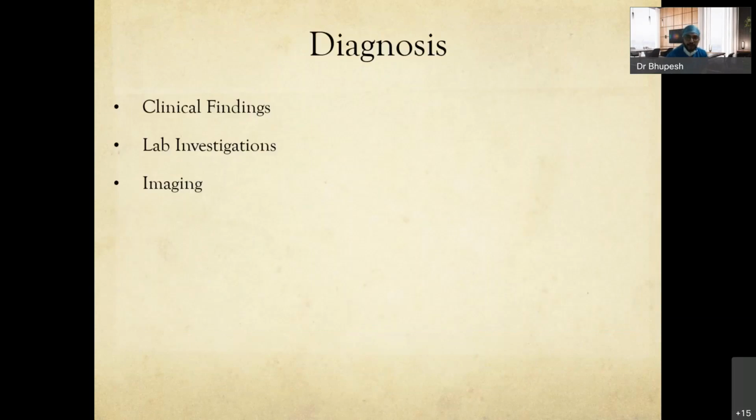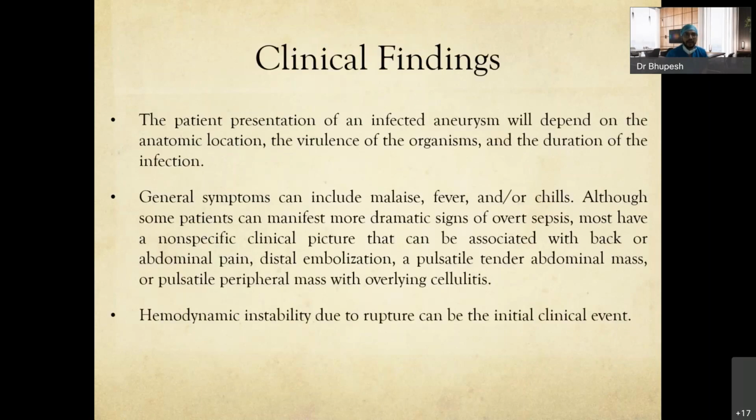So, how do we diagnose? First is the clinical findings, what we find in a clinic, then we come to the lab investigation, then the imaging. Clinical findings: the patient presentation of an infective aneurysm will depend on the anatomical location, the virulence of the organism, and duration of the infection.